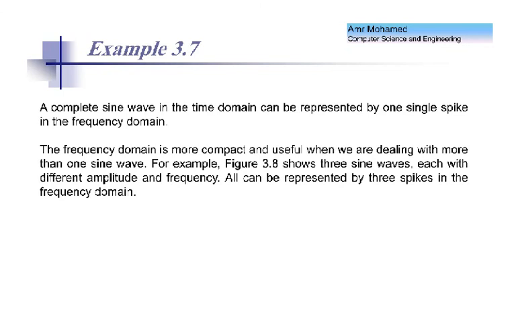So if I want to represent multiple sine waves, all I need to do is just to put samples at the frequency of these sine waves. And I can represent multiple sine waves using a frequency domain very easily. So it's very useful when we start dealing with more than one sine wave.